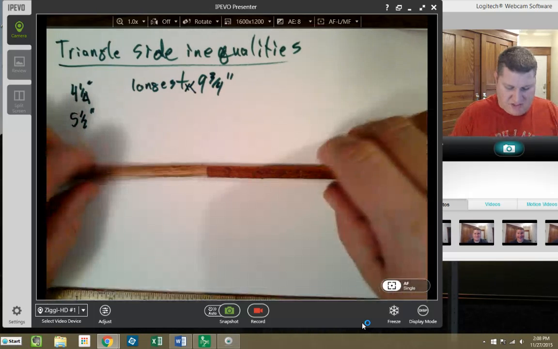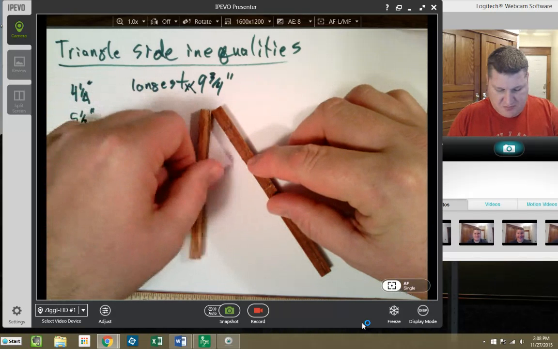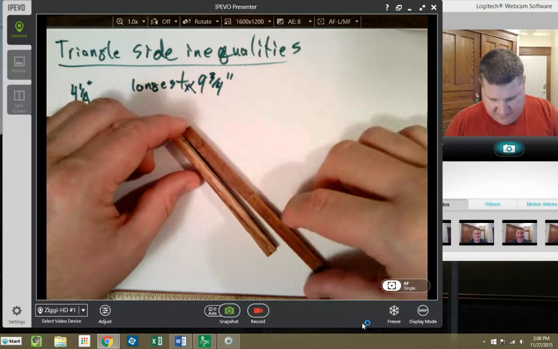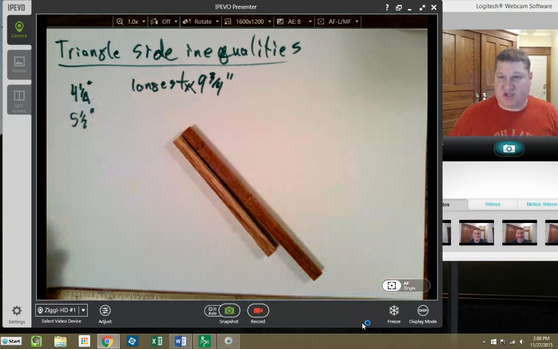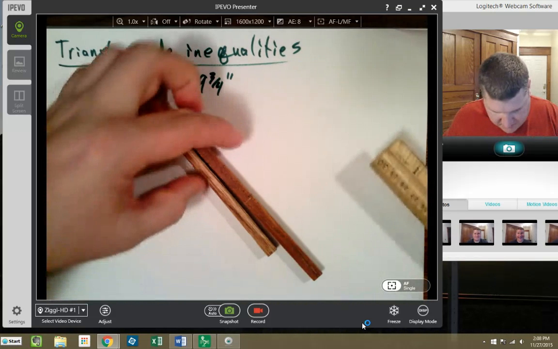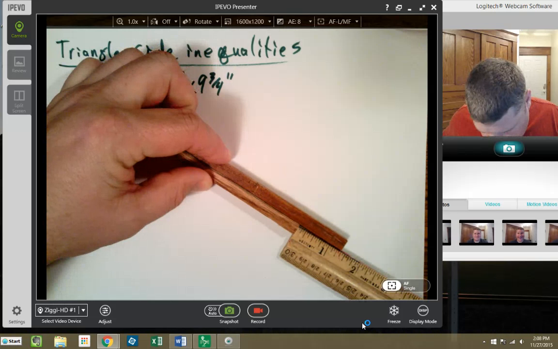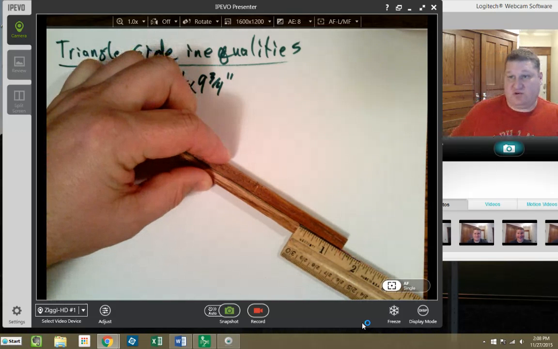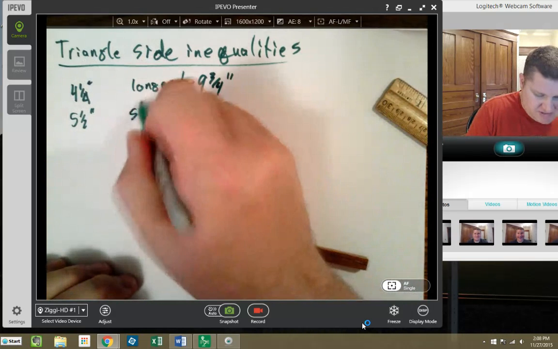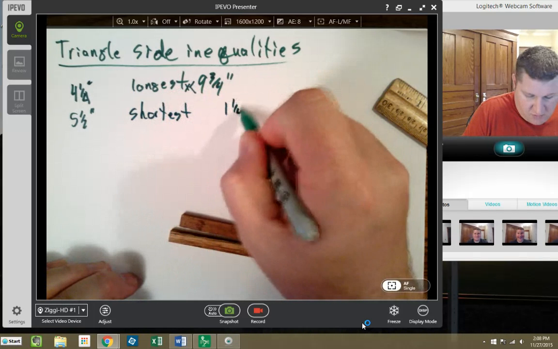Well, the shortest a side could be is if I bring these way together, bring them super together. The shortest it could be would be if those two were almost touching each other. So the shortest it could be would actually be, I see 1¼.